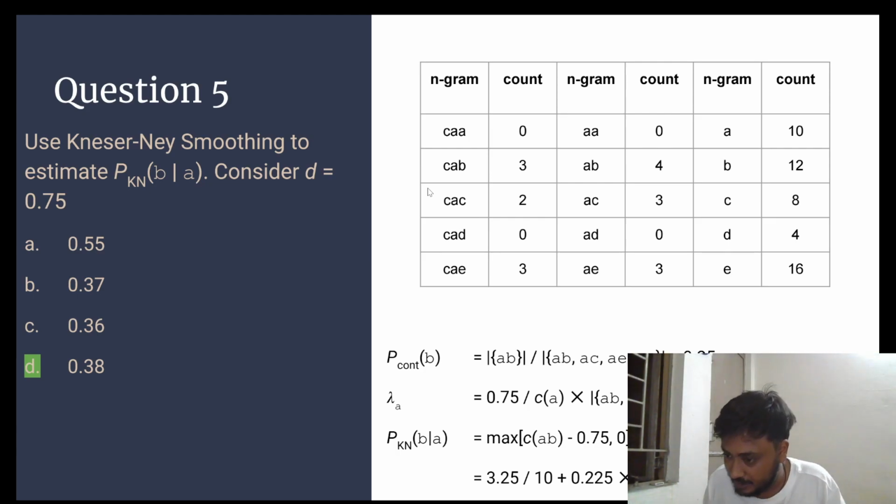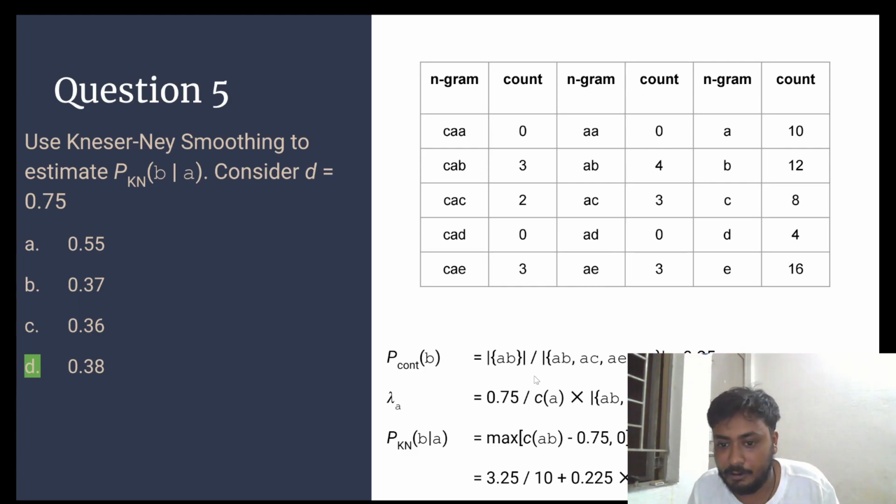So let's remember what P cont means. P continuation means how many unique bigrams B completes. So how many unique bigrams end with B, divided by the total number of bigrams in the corpus. This is what you have to understand.